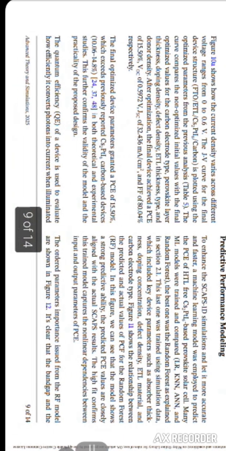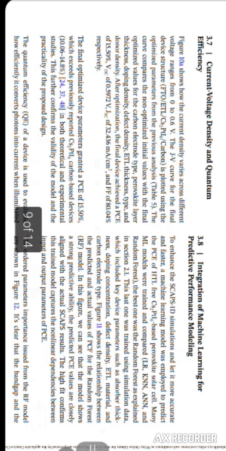They also use these results for predictive performance.